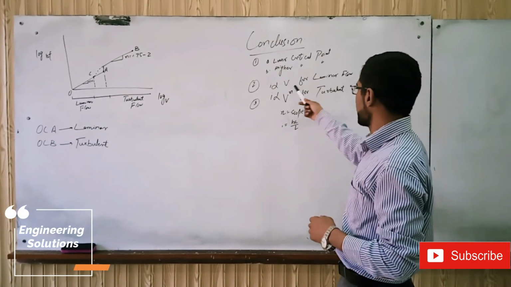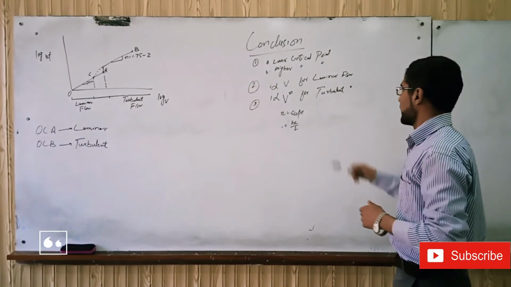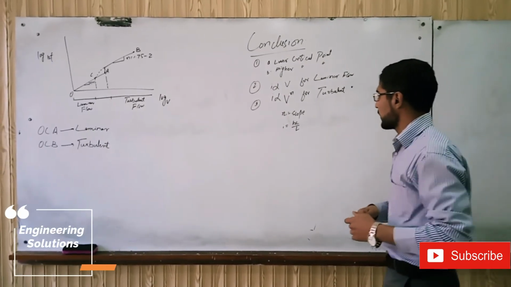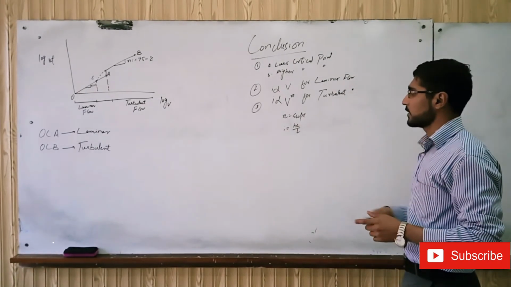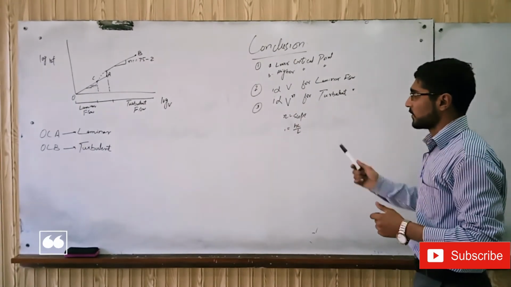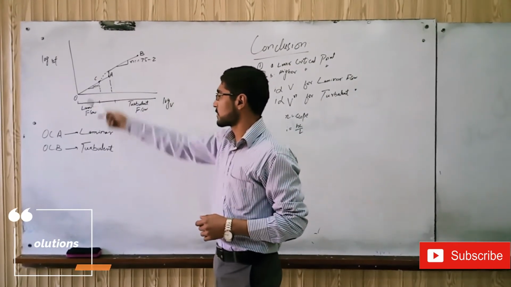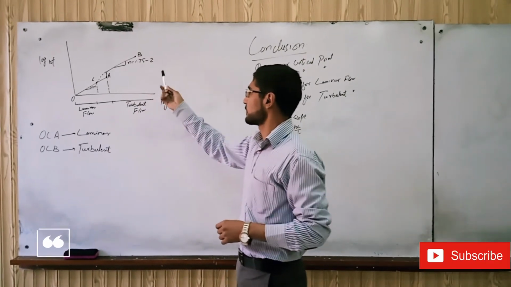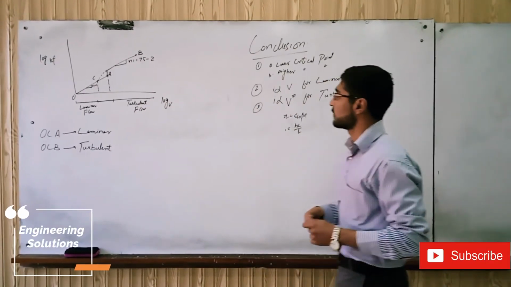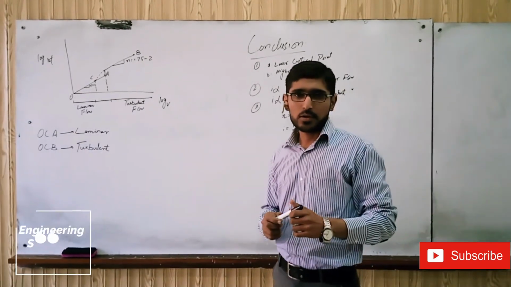For laminar flow, i is directly proportional to V, and for turbulent flow, i is directly proportional to V raised to the power n, where n is the slope of the curve. For the O to A portion, the slope is 1, and for A to B, the slope is from 1.75 to 2. So this was the conclusion of Reynolds experiment.